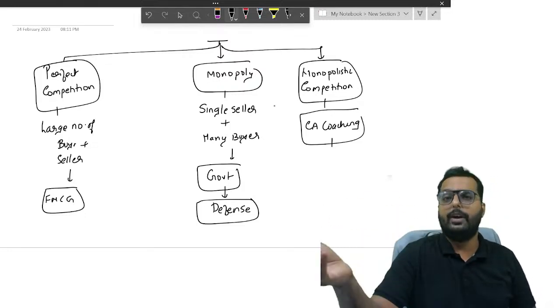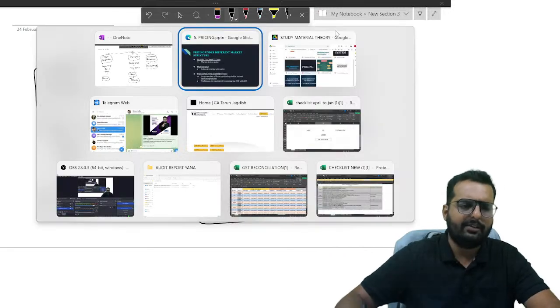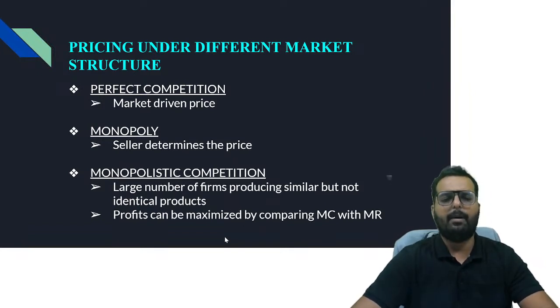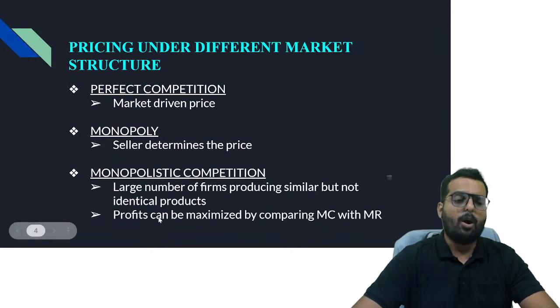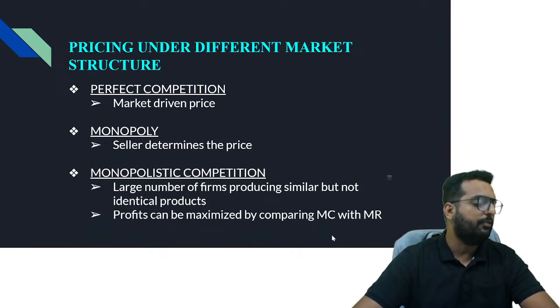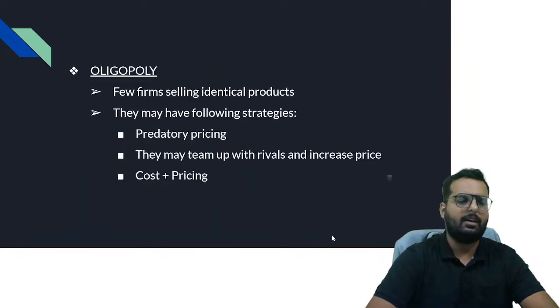Both are providing SCMPE classes, but the quality will be different from faculty to faculty. Everybody clear? That's what you call monopolistic competition. Large number of firms producing similar but not identical products. Profits can be maximized here by comparing MC with MR. That is what we did from P is equal to A minus BQ, etc.